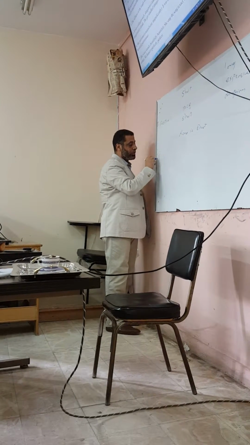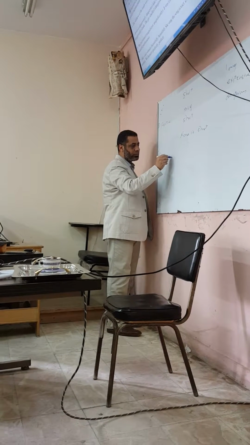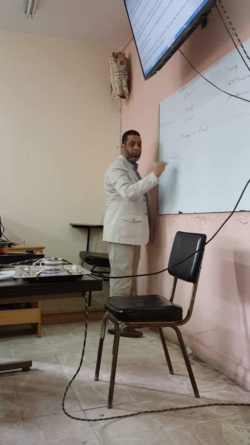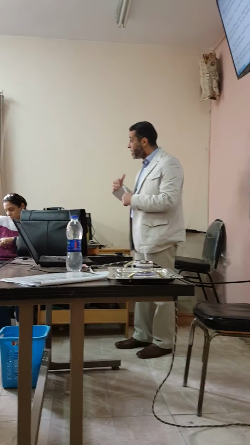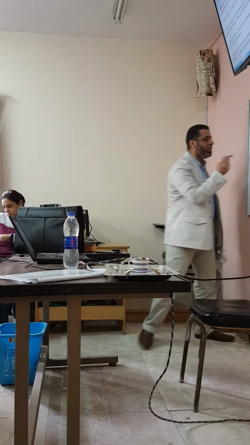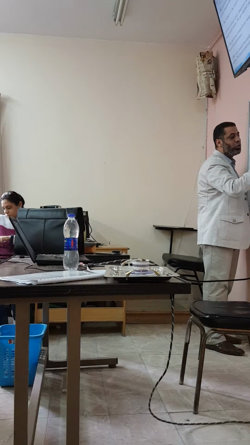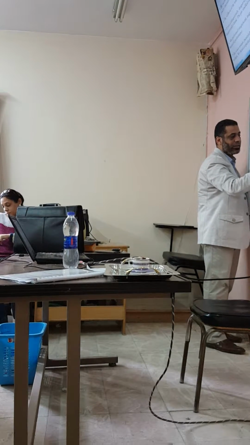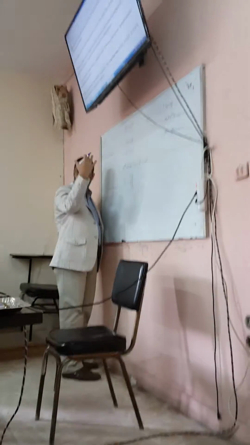Okay, number two, I have another case which is called comparative. The comparative form is the form that I use when I want to compare between what? Between two things, two entities. Two persons or two things or two entities, two groups.